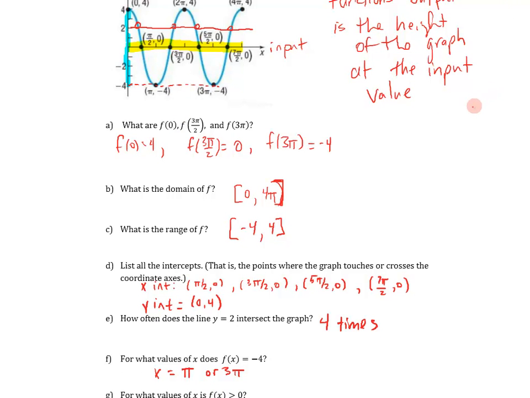Question G asks us, when is f of x positive? When is it greater than 0? The function is positive above the x-axis. That is, for any height that's positive. So where on the x-axis, and I'll do this in green, do we have values that are greater than 0?